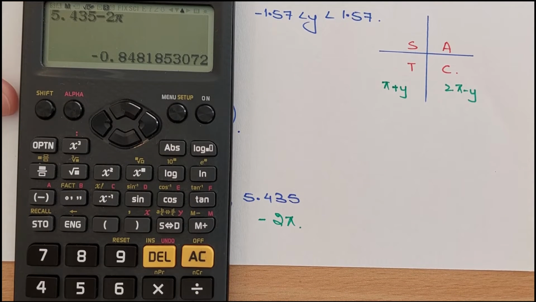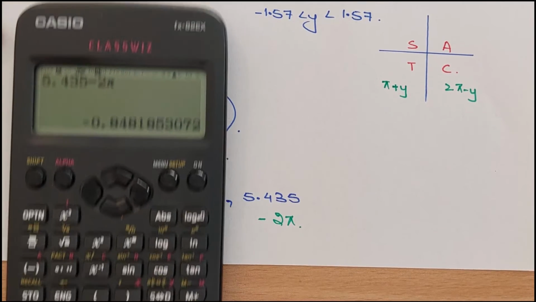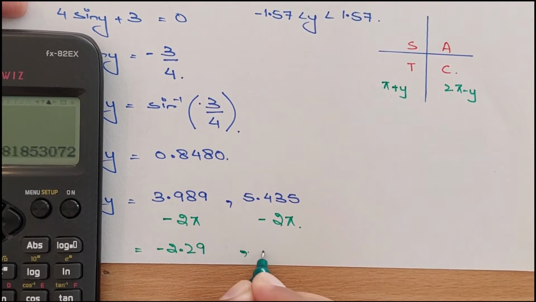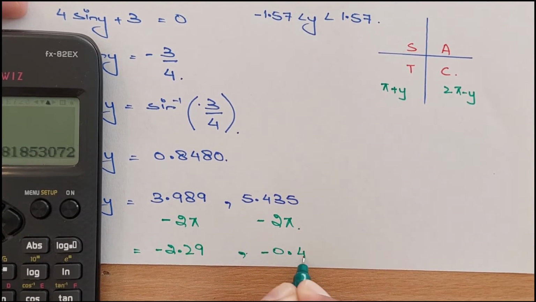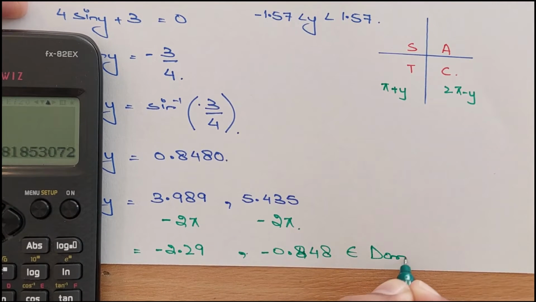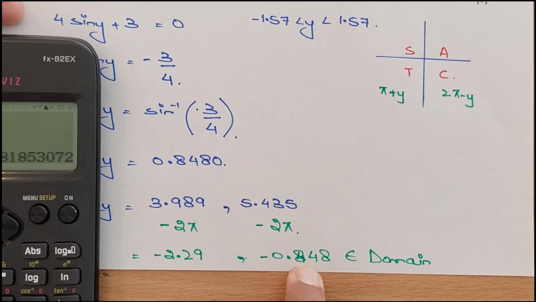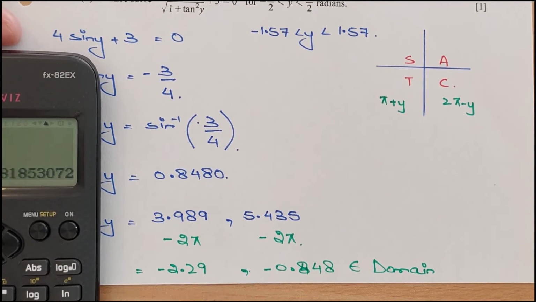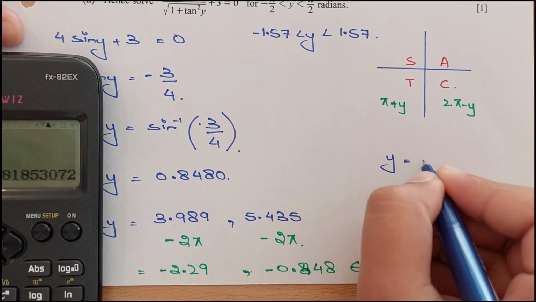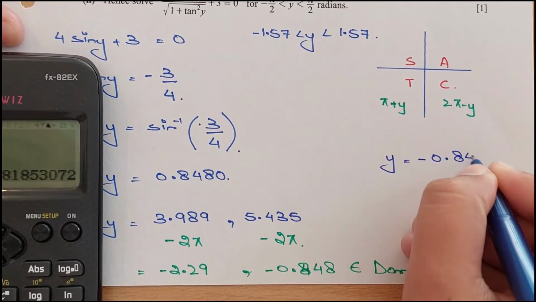This is minus 0.848. So this belongs to the domain. So the only value of y that belongs to the domain is this one, not this one, right? So we can say that y is equal to negative 0.848.